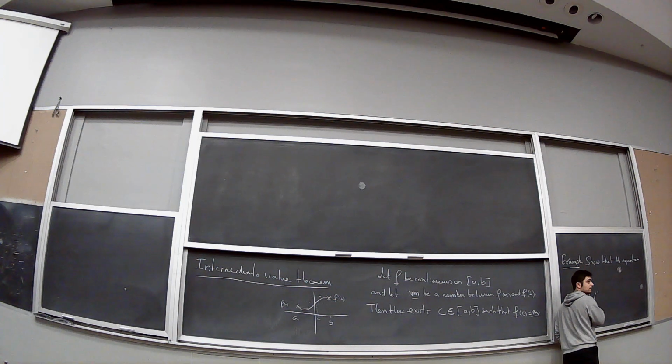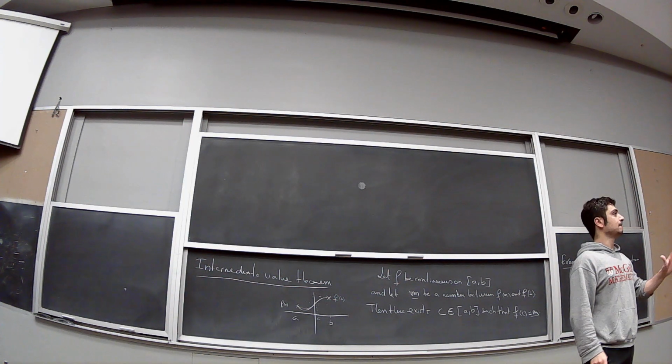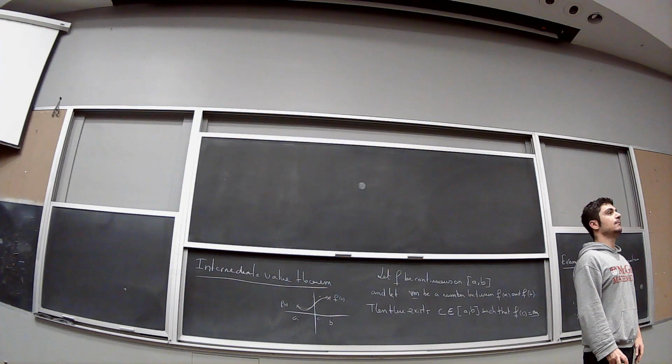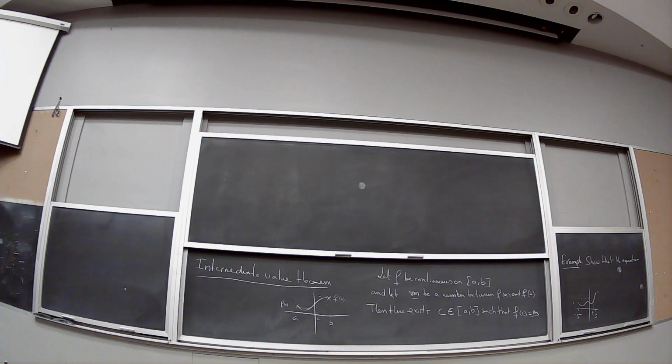It will intersect the curve at a point whose x value is 5 halves. You see that? This is C. Are we good? Is it clear?